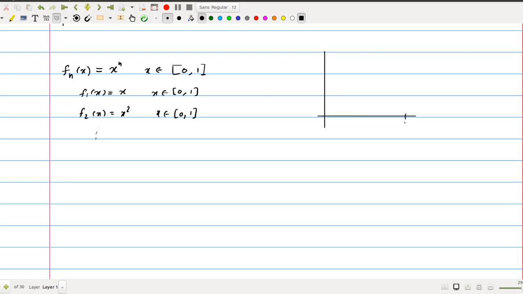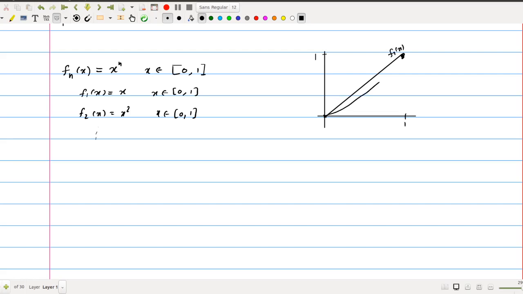So this is our 1 and this is again 1. The graph of f1 is this, the graph of x. This is the graph of f1 of x, and this is the graph of f2.